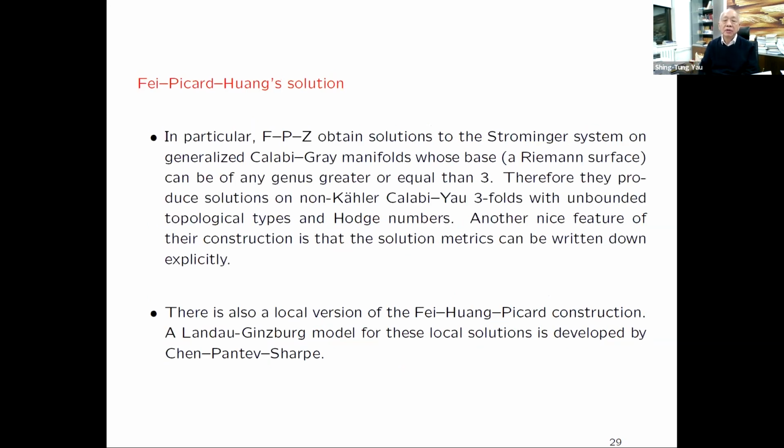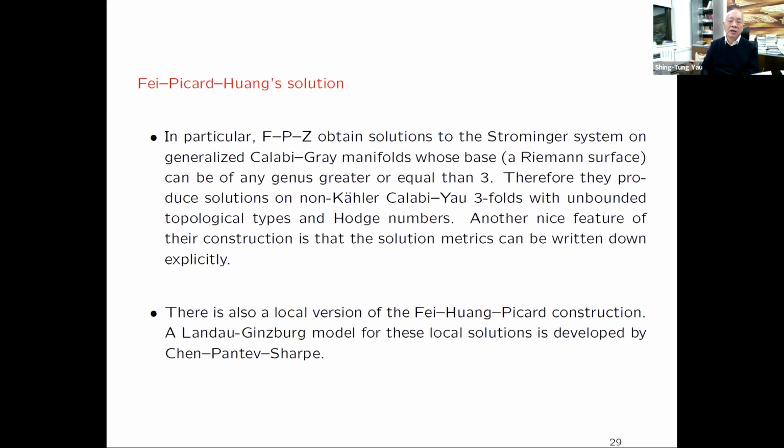So they obtain solutions to the Hull-Strominger system on generalized Calabi-Gray manifolds whose base could be of any genus greater than or equal to 3. Therefore, they produce solutions on non-Kähler Calabi-Yau threefolds with unbounded topological types and Hodge numbers. And it's not clear what these manifolds mean in terms of physics, I think.